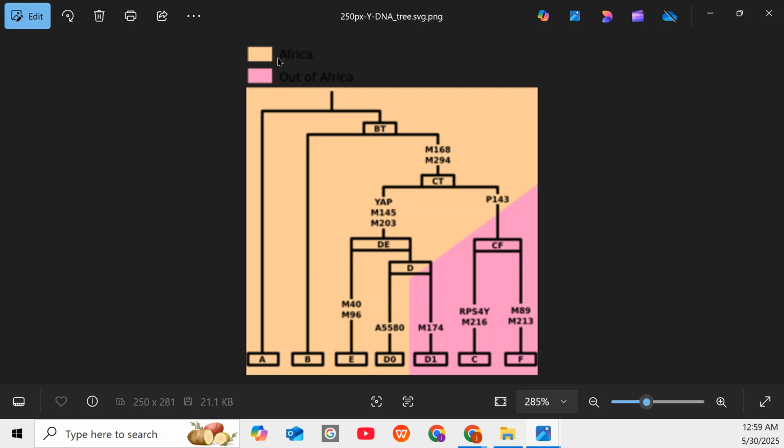It's A, B, E, D, O are supposed to be African, and this is supposed to be out of Africa. But you will see there is no R. The R is the dominant haplogroup amongst modern humans. There's no R.